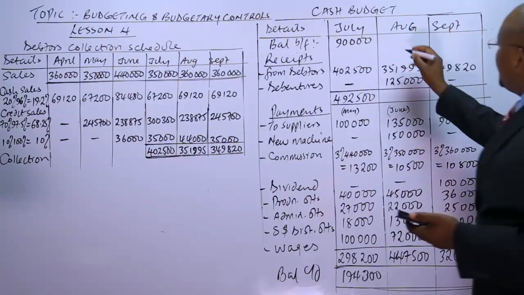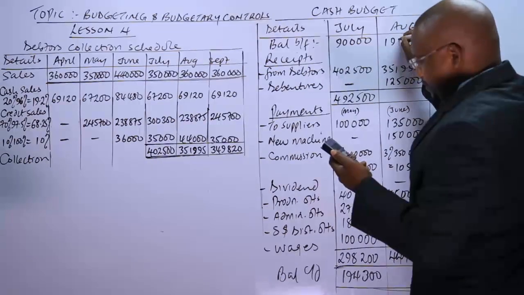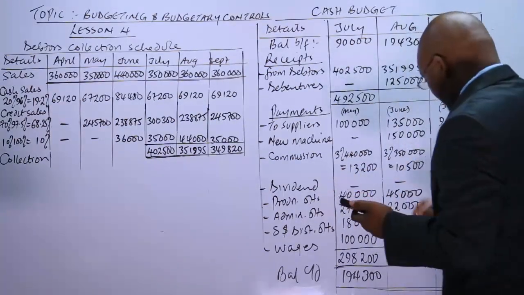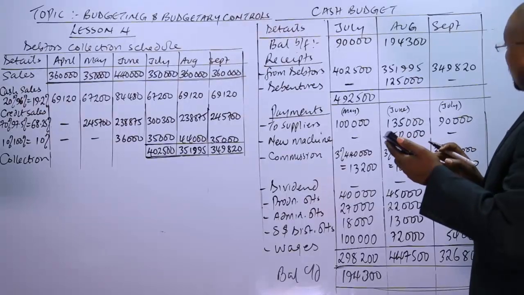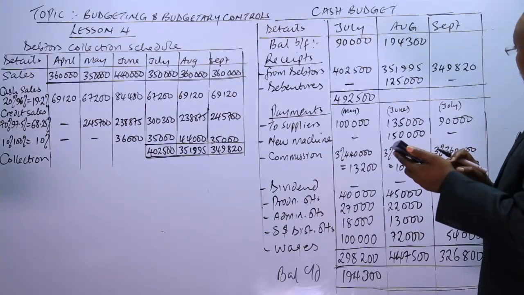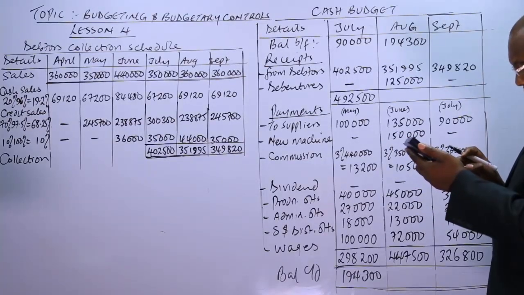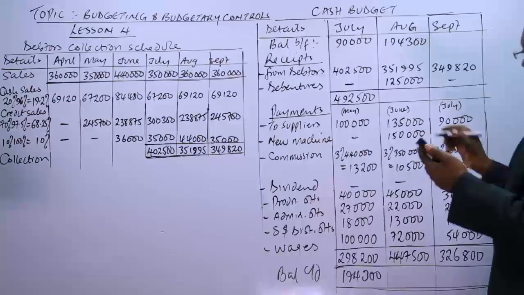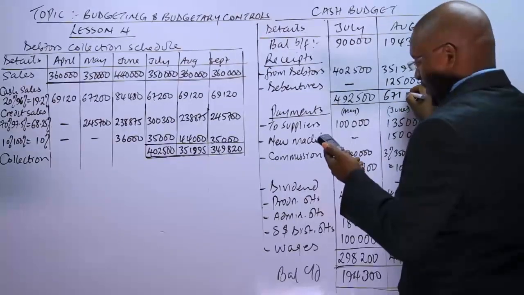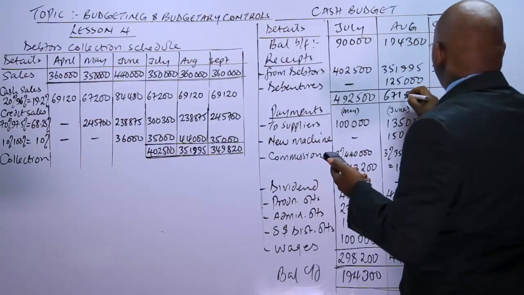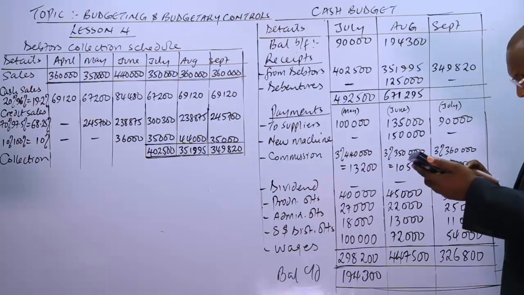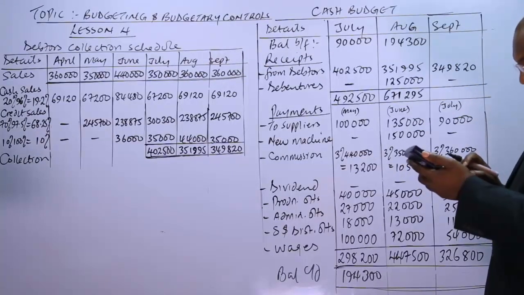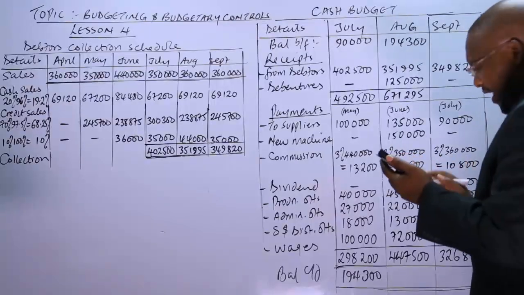Then I bring it here, 194,300. I add to 351,995. I add 125,000. This is 671,295. I subtract this 447,500.